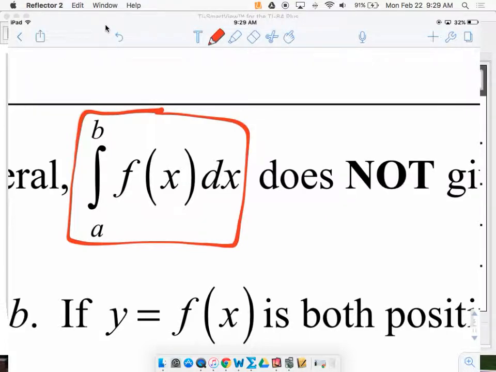So imagine this is the beginning of the summer, and this is the end of the summer. This is going to give you how much money you've accumulated over that period of time. Whenever you work, you are gaining money, so that part of your integral would be above the x-axis, and anytime you go out and spend money, that part will be underneath the x-axis. That's what you're losing. And then if you add everything up at the end of the summer, that'll give you how much money you have left.